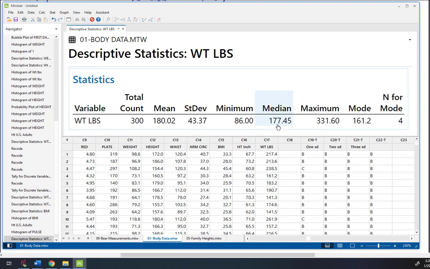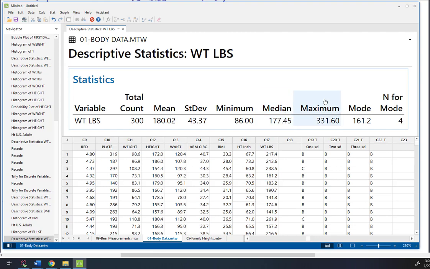I see the median is 177 and the mean is 180, so the mean is pulled a bit above the median. That would mean my data set's not completely symmetrical, and I've got a bit more weight on the heavy end, that's what's pulling the mean up, than I do on the skinny end of this data.